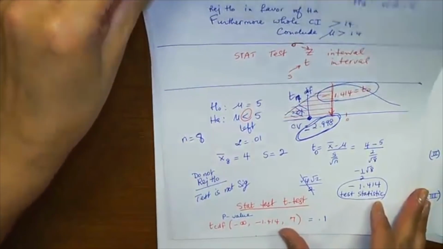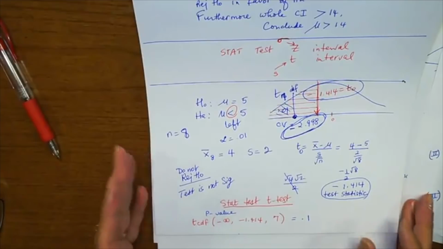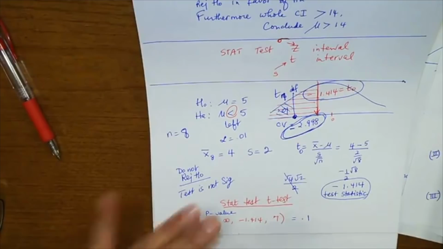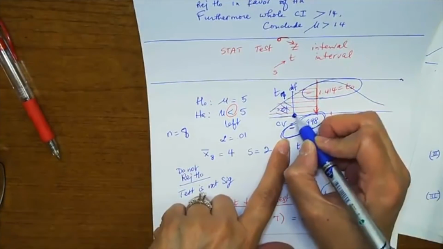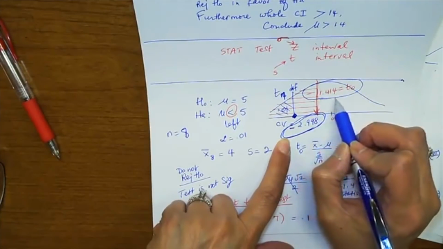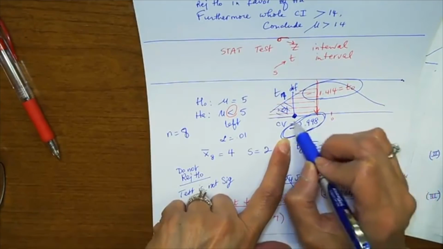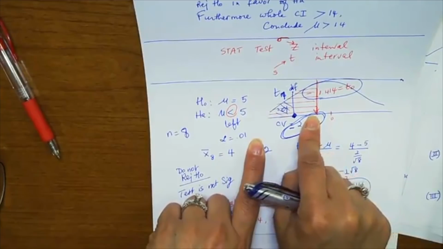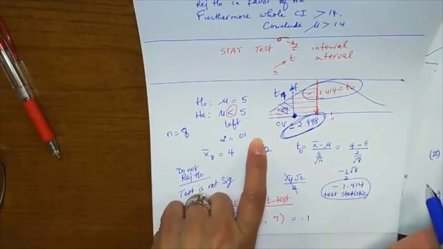Anyone? Yeah. I just realized, when we do a reset to not reject, what are we comparing it to? I'm comparing one of two things. You can either compare this number T naught to the critical value. So the T naught is minus 1.414, and I'm comparing it to minus 2.998 to see does it fall in the critical region or does it fall in the white region. So it doesn't fall in the critical region. It falls in the do not reject.